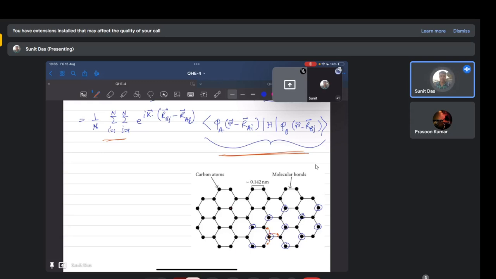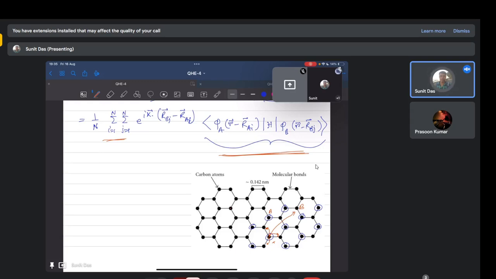But even if there is 10 to the power minus 10 percent probability of overlapping with, say, the fifth atom's orbital, mathematically it is allowed to hop one electron from this atom, A type, to this B type, and then to this A type.